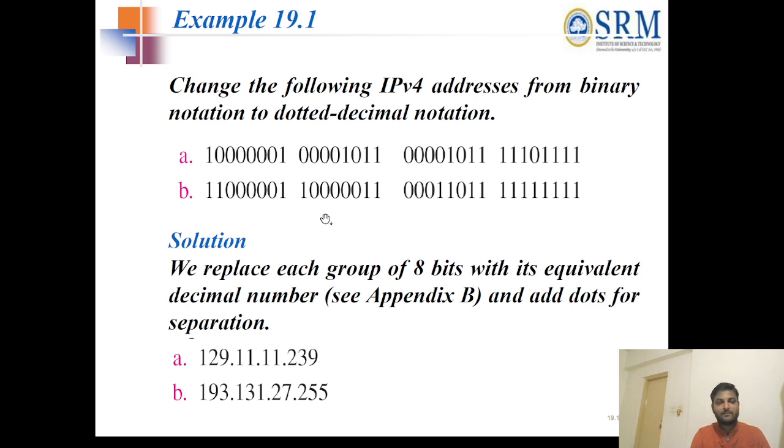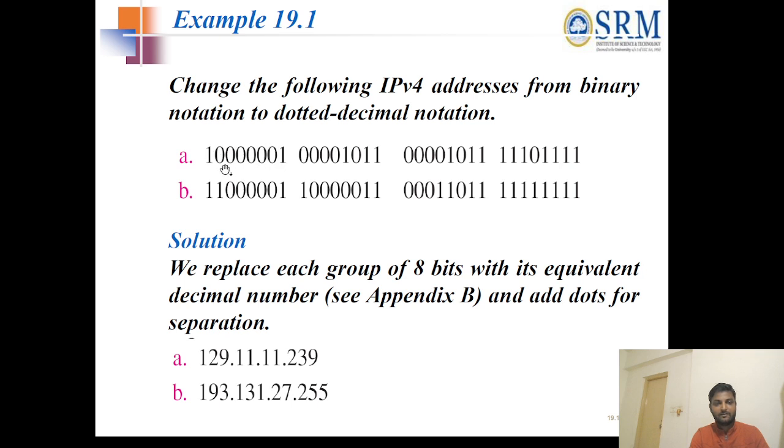In this first question, we are given two binary representations of IPv4 addresses A and B, and we have to determine the equivalent using dotted decimal notation. So we just have to do the typical binary to decimal conversion for every octet.